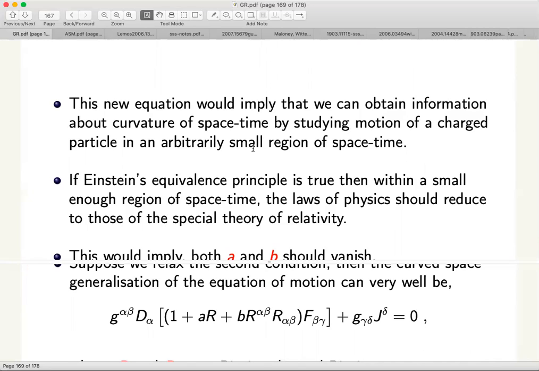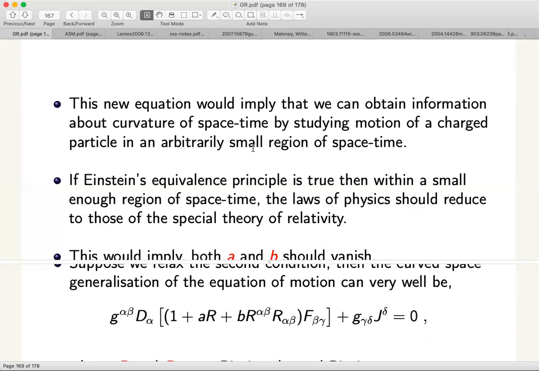You don't even try to track that information. You just track the trajectory of a charged particle in an arbitrarily small region in the presence of some electromagnetic field. Fine. So you are not even trying to figure out what the curvature effect is.